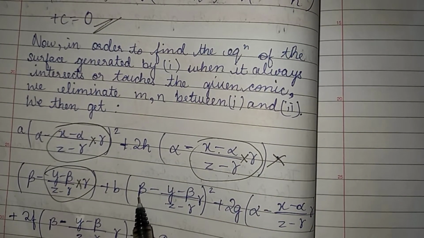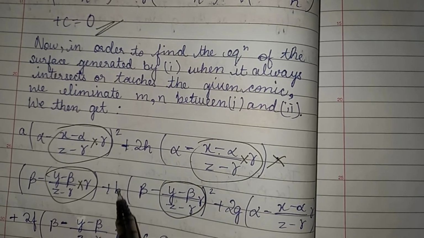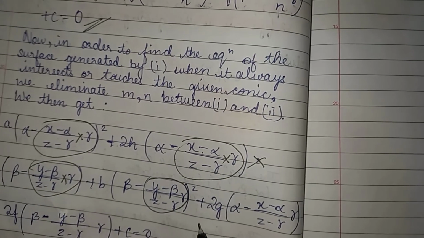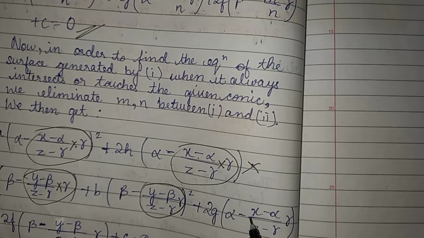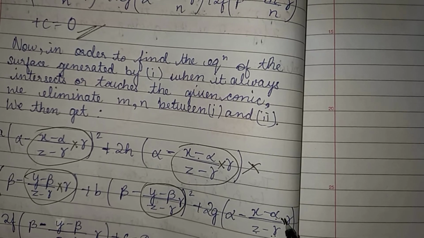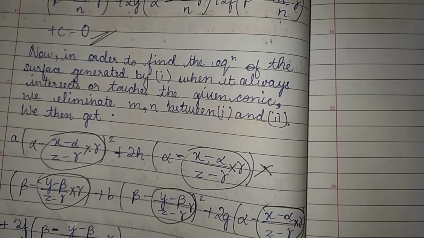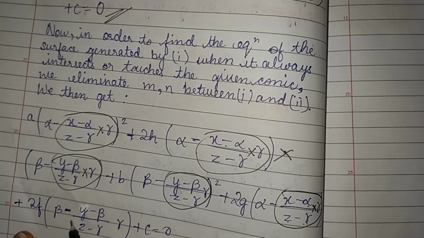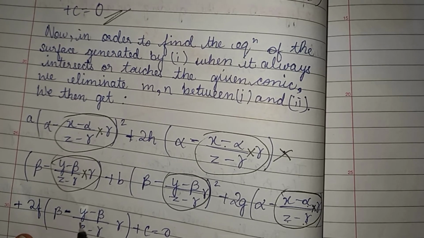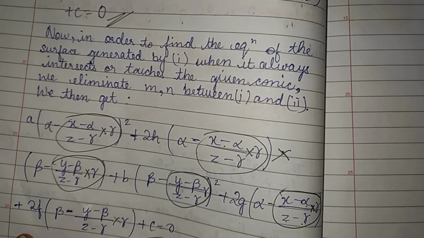Plus b into (beta minus (y minus beta) upon (z minus gamma) into gamma) whole square plus 2g (alpha minus (x minus alpha) upon (z minus gamma) into gamma) plus 2f (beta minus (y minus beta) upon (z minus gamma) into gamma) plus c is equal to 0.